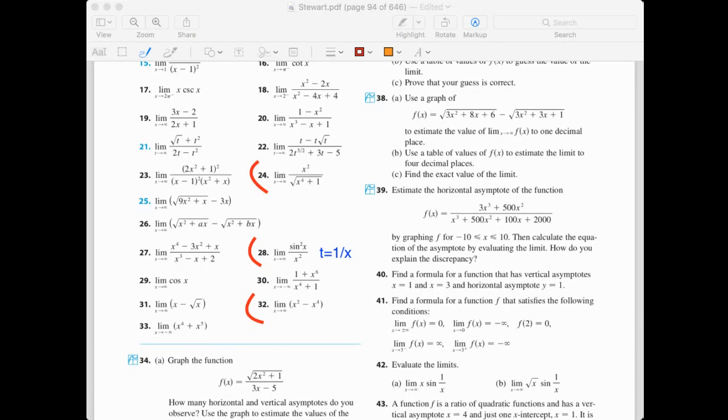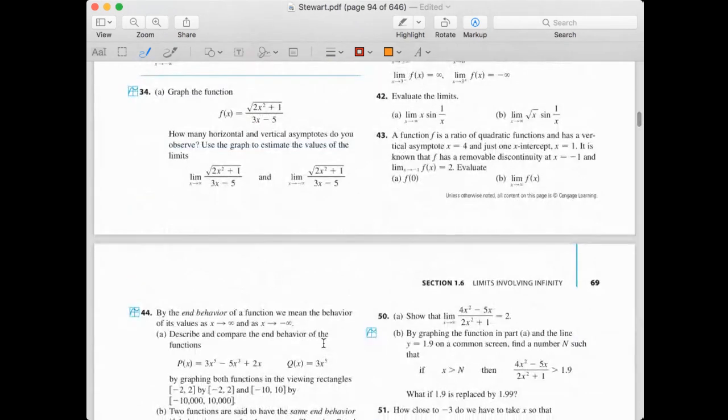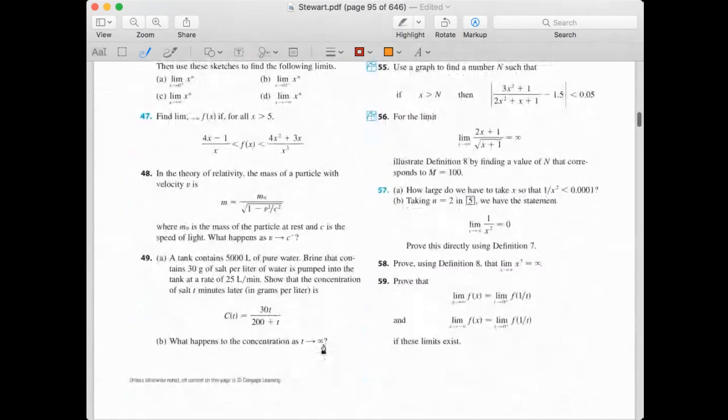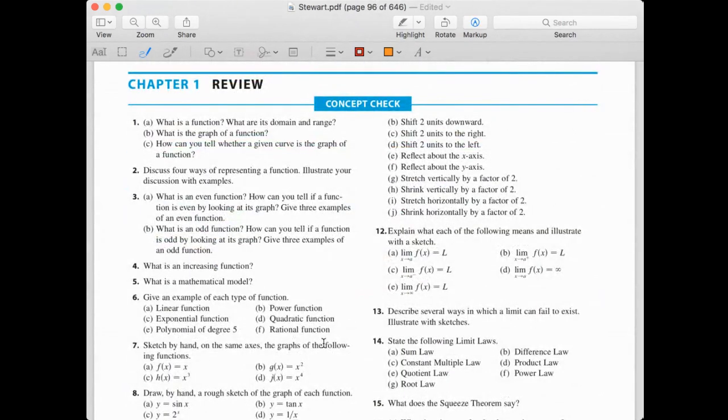Okay, let's see now. Any questions? Okay, so basically we have finished the concepts of limit.